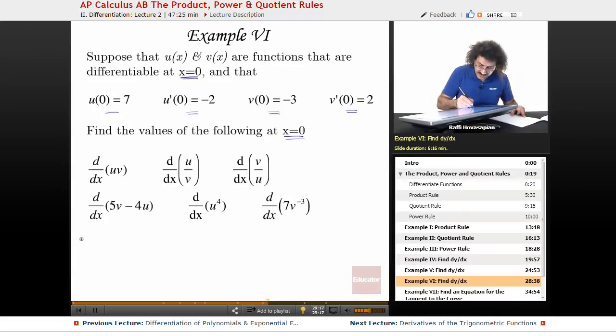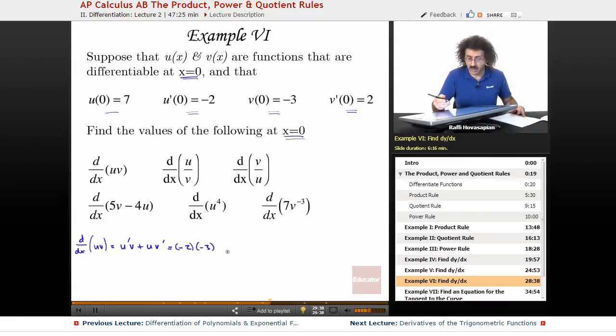Well, d dx of uv, well, that's equal to u prime v plus u v prime. Well, u prime is negative 2, v is negative 3. Again, this is all at 0.